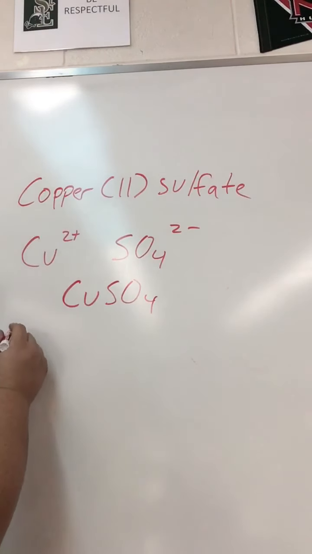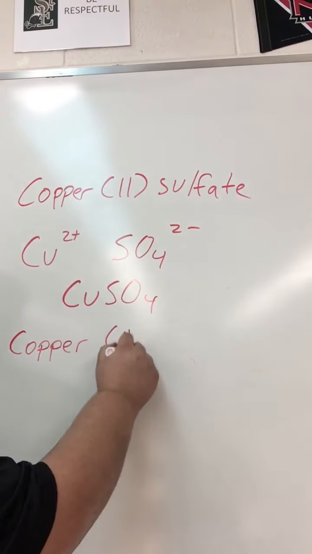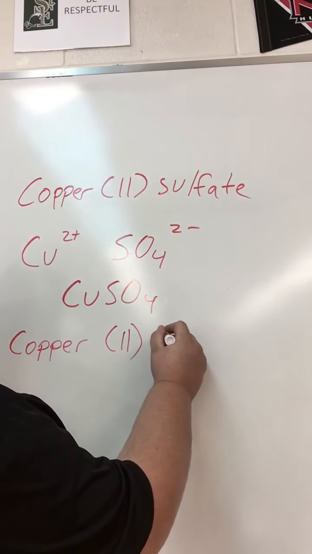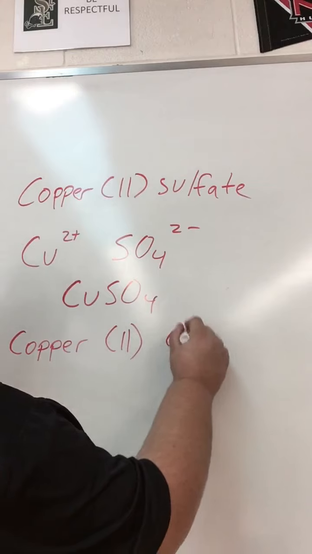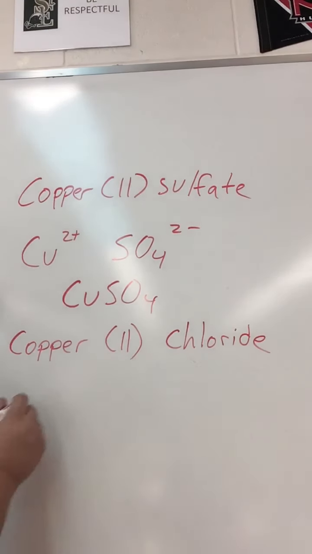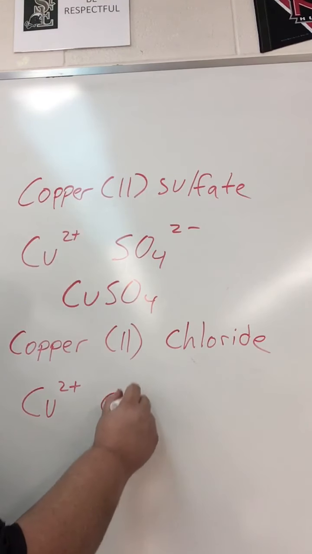Let's do another one. Copper 2 chloride, something different. Copper is 2+, chloride is -1. How do you get the -1?